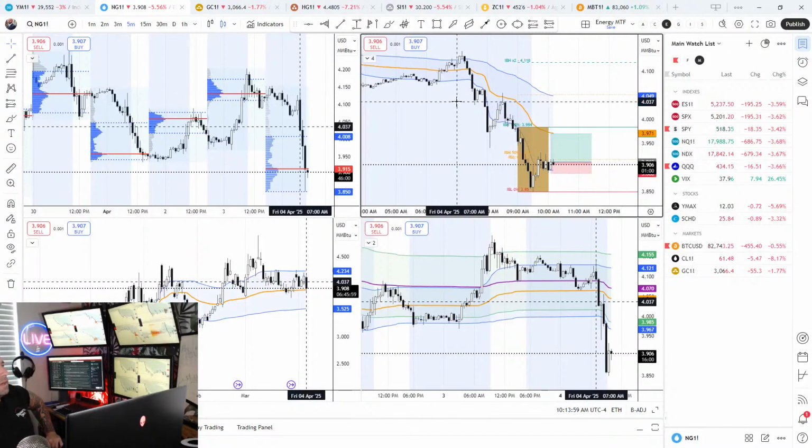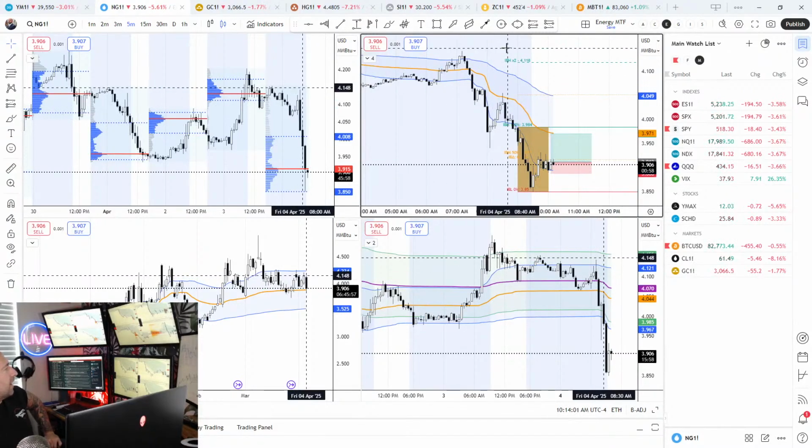It's very hard for me to short down here. You know, and the market's already down. S&P's down 3.5%. That's wild. And I feel like there might be a capitulation coming, but we'll see.